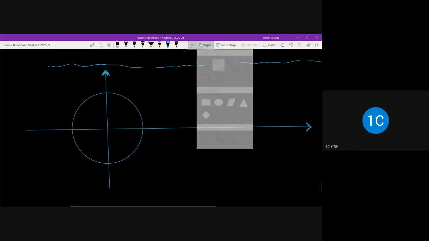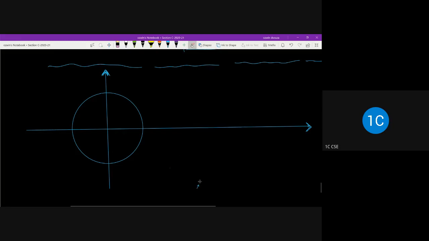Let me draw one more axis somewhere here, and then let me show you the projections. Say the projection of position 2 is somewhere over here. In a previous discussion, I had considered different positions, right?